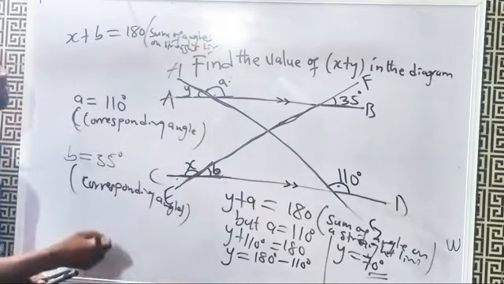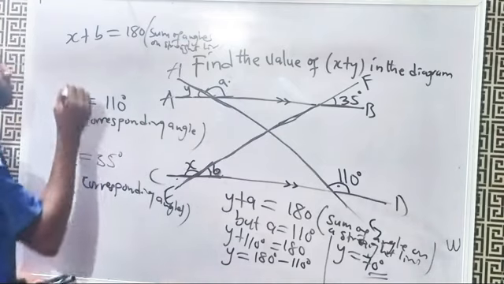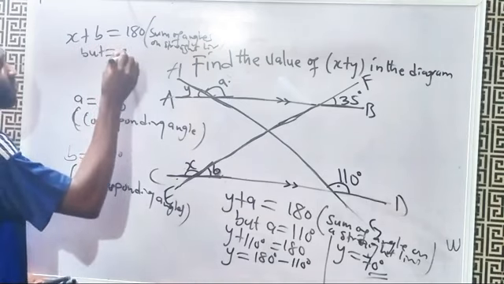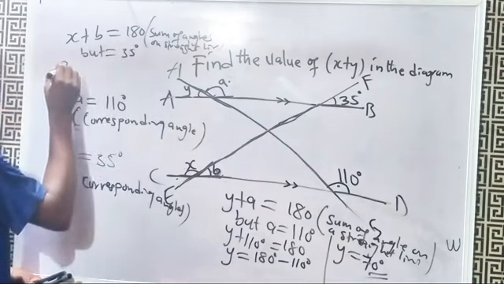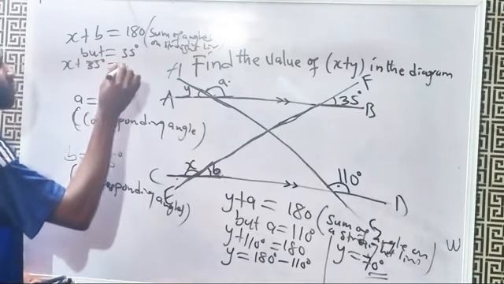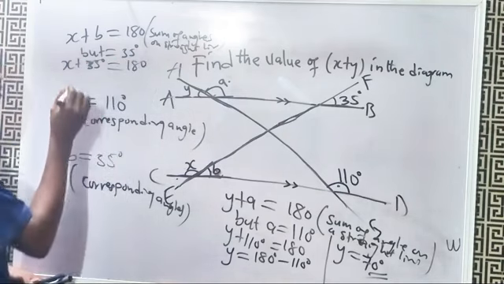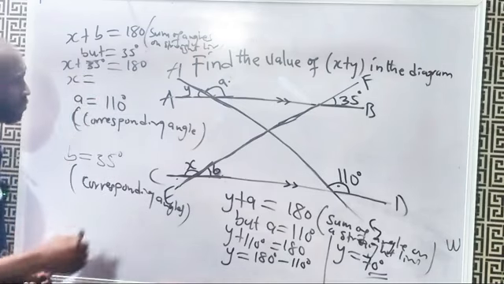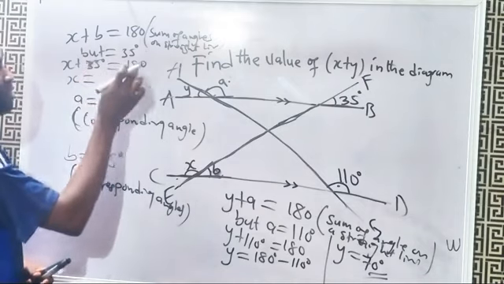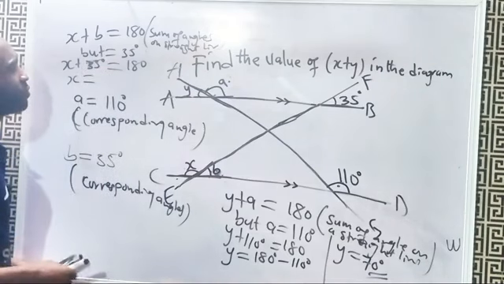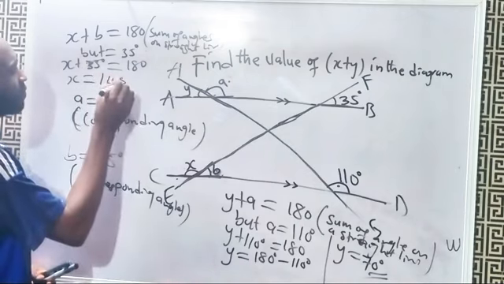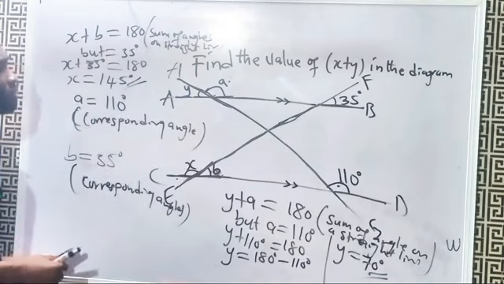But remember, b was found to be 35 degrees. So x plus 35 is equal to 180 degrees. So x is 180 minus 35, which gives you 145 degrees. So x is 145 degrees.